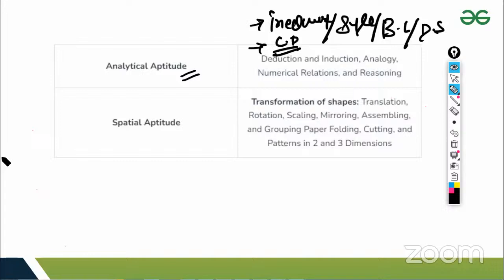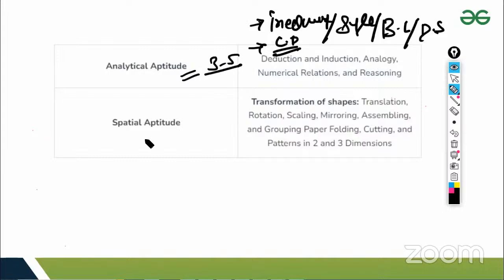All of you have learned this part. Out of these 5, either inequality or syllogisms is confirmed to come, mostly inequalities. So first priority is inequality, then syllogisms, then blood relation, then coding and decoding, and last direction and sense. We are expecting 3 to 5 marks from this.